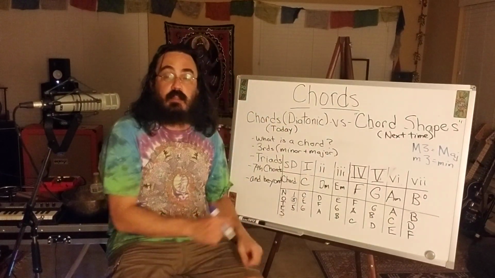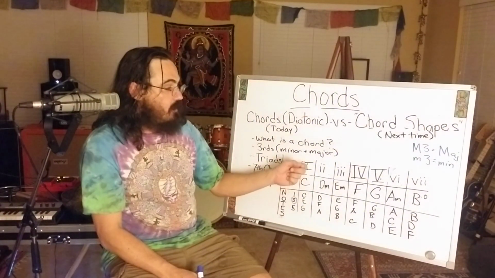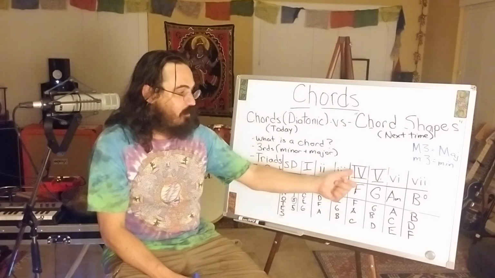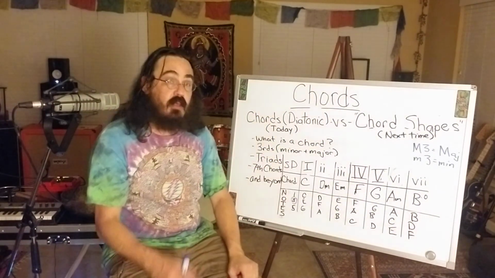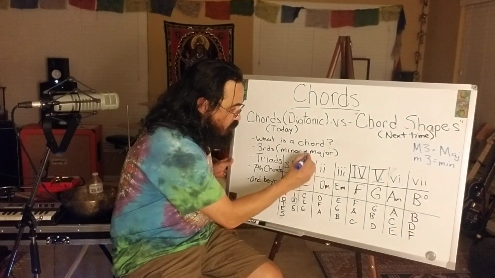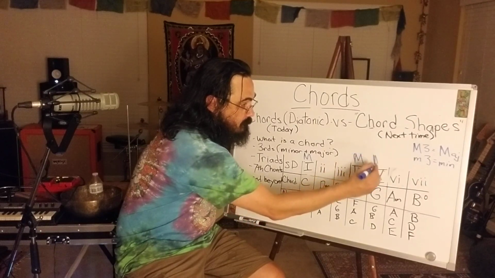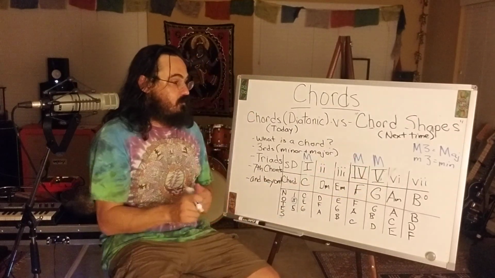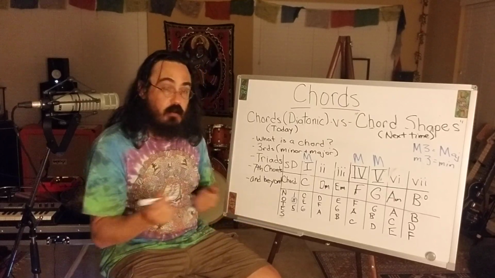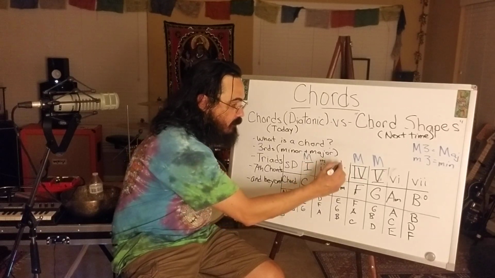In the Roman numeral way of writing about chords, the capitalized letters, capital I, capital IV, or 4, capital V, indicate that the chord is a major chord. When we're talking about the lowercase letters, then we're talking about minor chords.